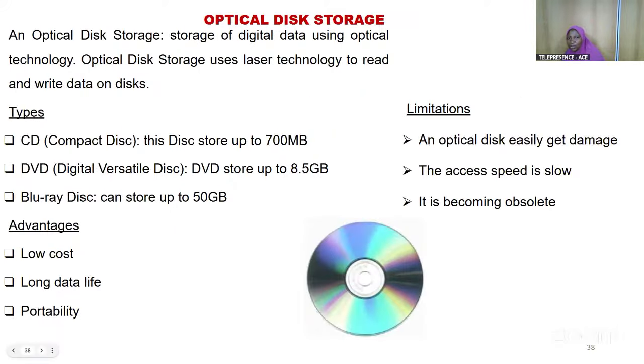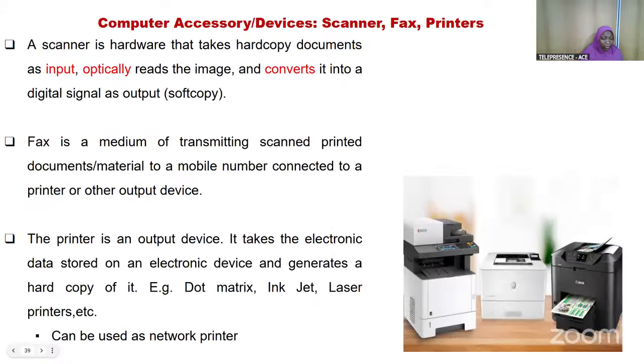Part of it is the optical disk storage. Although, like any other tool, in this case, CD is becoming obsolete. You don't see people carrying CD about again, because they have better storage devices to use.